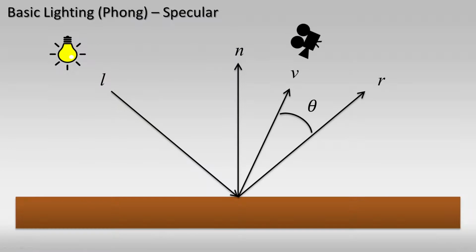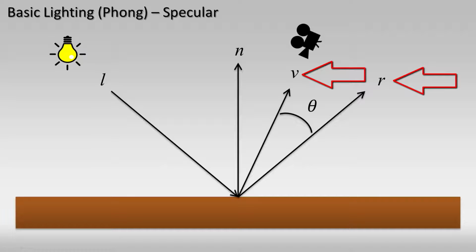To come up with the specular component of the Phong lighting model, we care about the relationship between the view and the reflection vectors rather than the light and the normal vector like we did for the diffuse component. The specular highlight you see as the shiny spot on the smooth object depends on your viewing position relative to the reflection of the light off the surface. Now we calculate the specular component by finding the dot product between the view and reflection vectors.